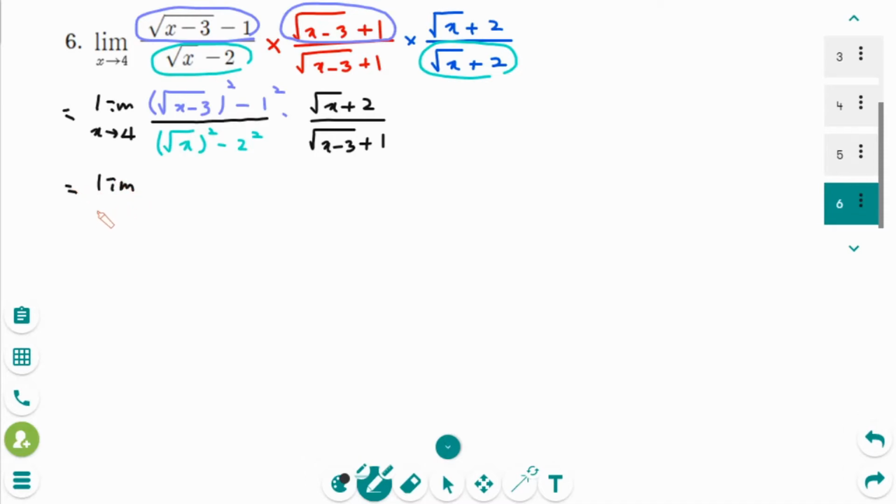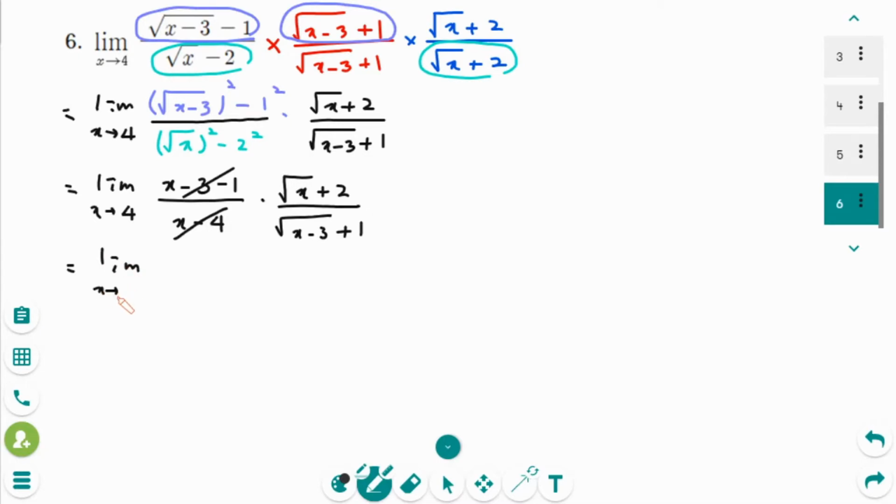And then simplify the first one: x minus 3 minus 1 over x minus 4, and keep the second one. And then this is x minus 4. So cancel the common factor.